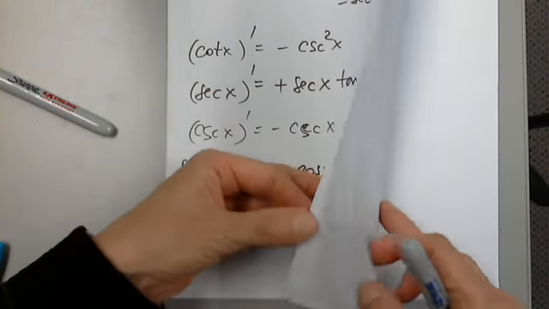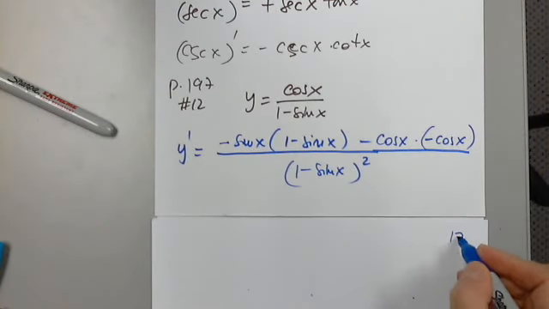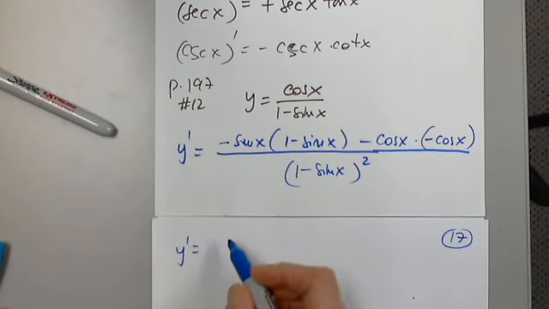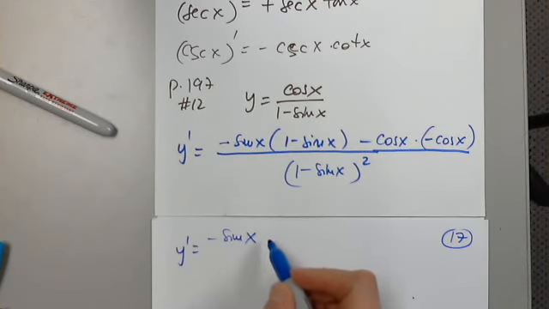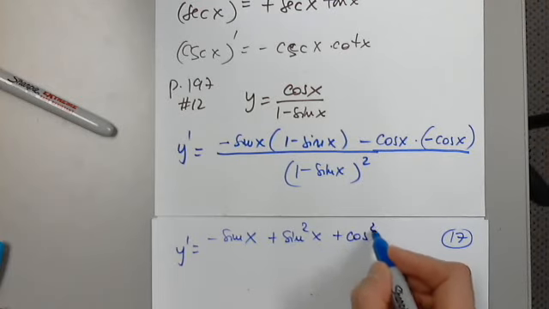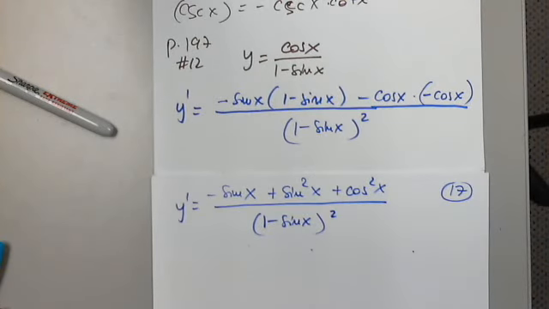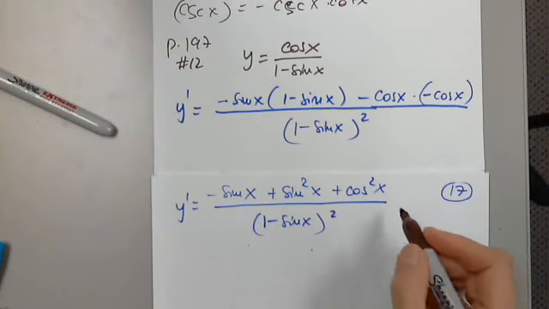So y prime equals negative sine x plus sine squared plus cosine squared over 1 minus sine x squared. Again, I'm back to sine squared plus cosine squared, the most important trig identity, which is 1.